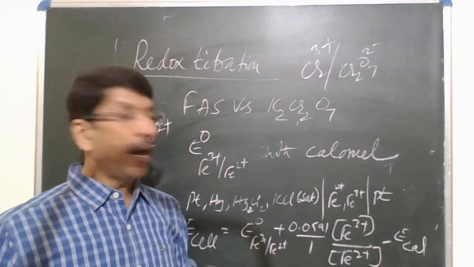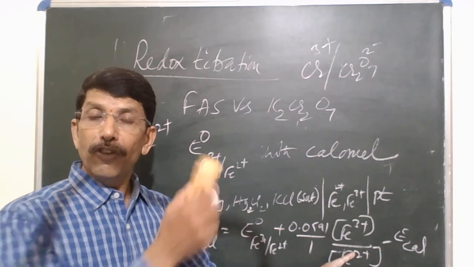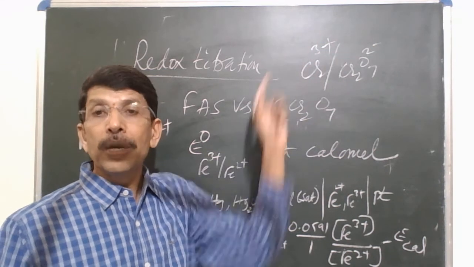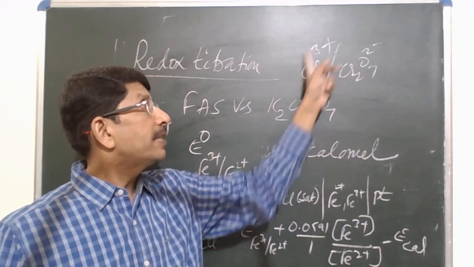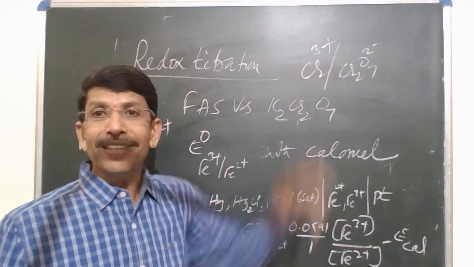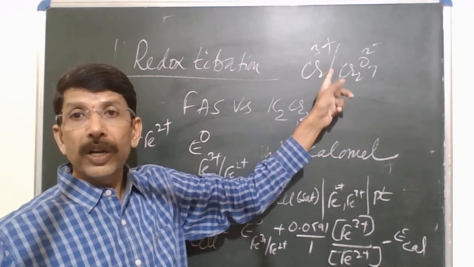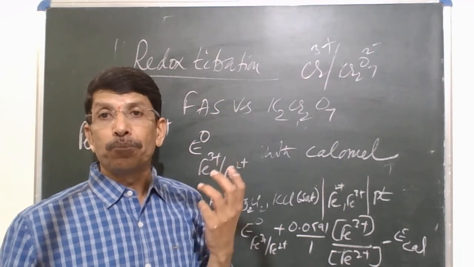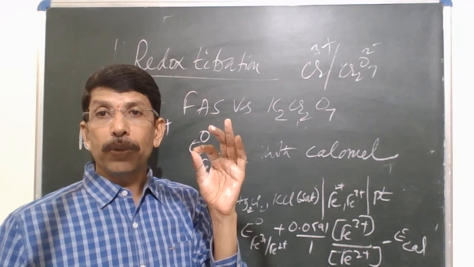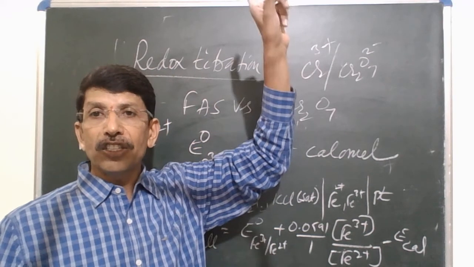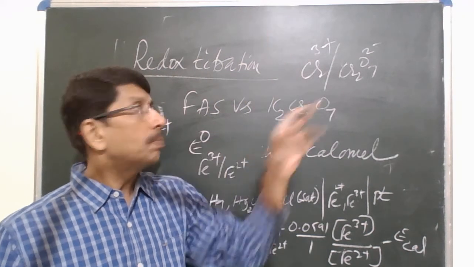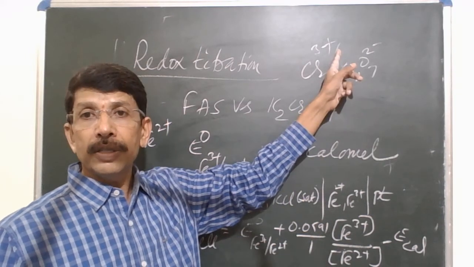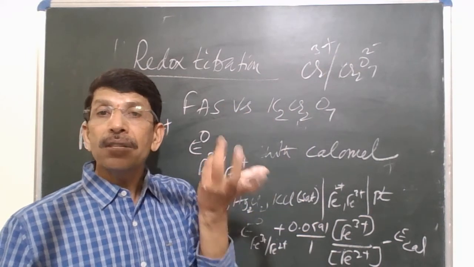After the equivalence point, this ratio which was influencing the EMF of the cell will now be influenced by this ratio, and therefore at the equivalence point there is a sudden increase in the EMF because of the change in this ratio to this ratio which influences EMF.